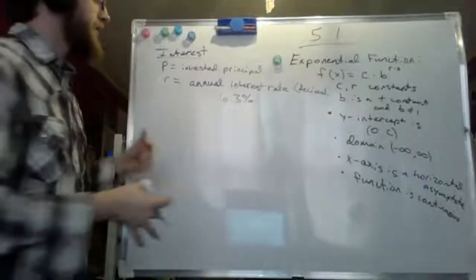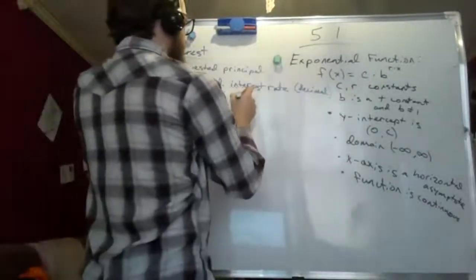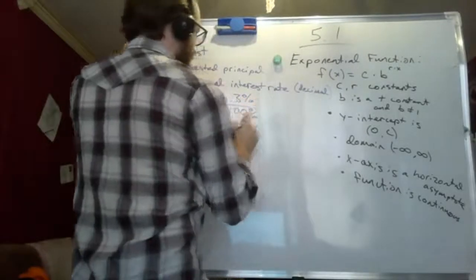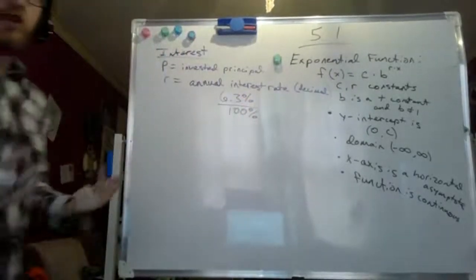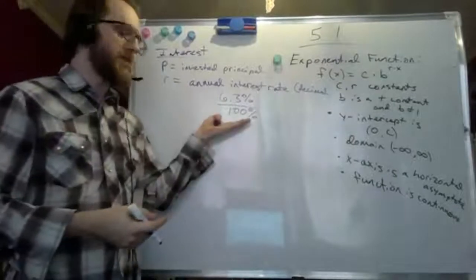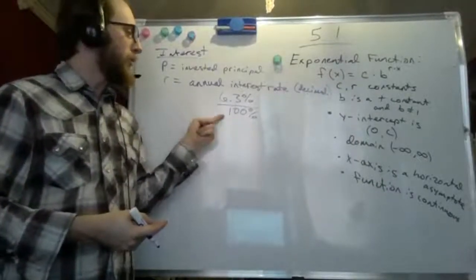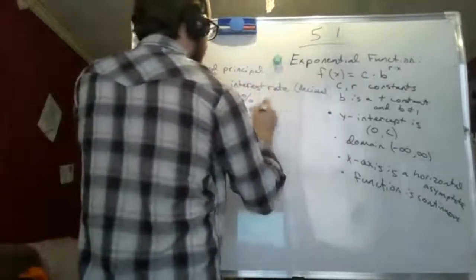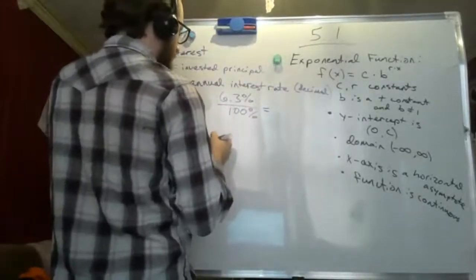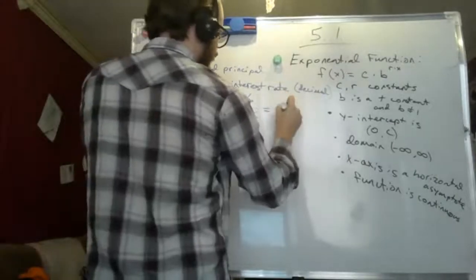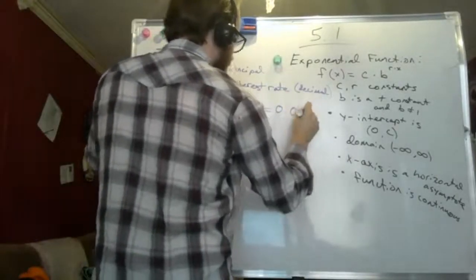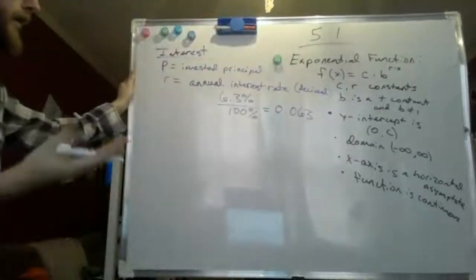Well, a percentage, when you think of it this way, this is 6.3% out of 100%, right? I mean, that's what a percentage is. We have up to 100% that we can have, and it's 6.3 out of 100%. So, well, this fraction, and if you put this in your calculator, you'll see it as well, this fraction is actually equal to 0.063. And there you have it.